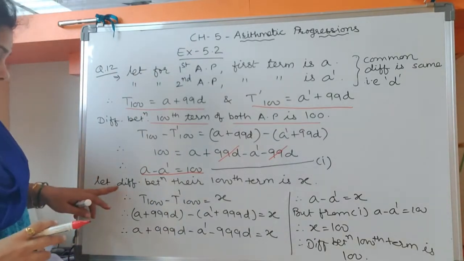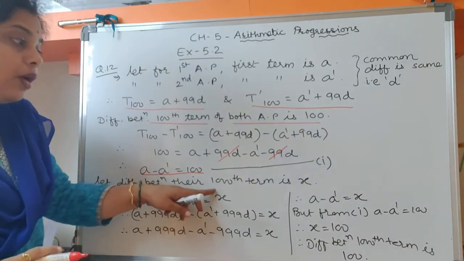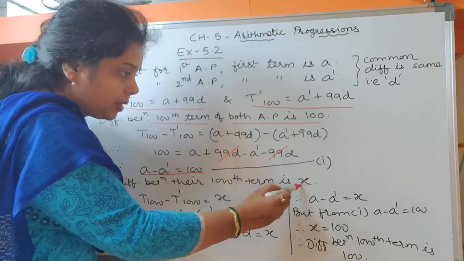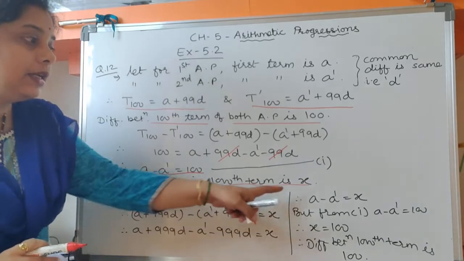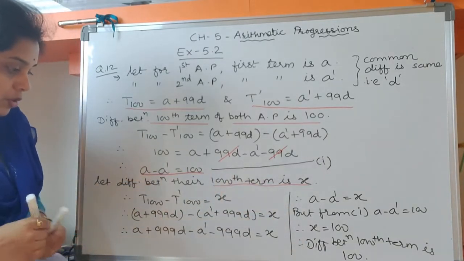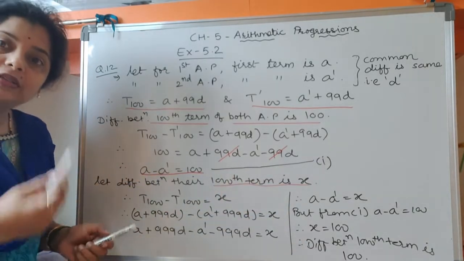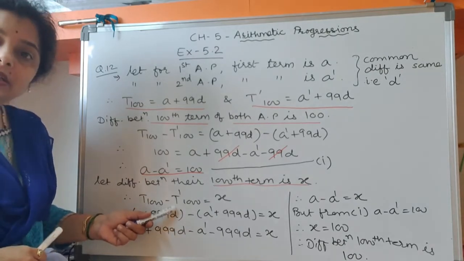Right. Now let the difference between the 1000 term be X. Again we take supposition. Let it be X. Now what is the 1000 term? T1000, and for second AP it is T dash 1000.